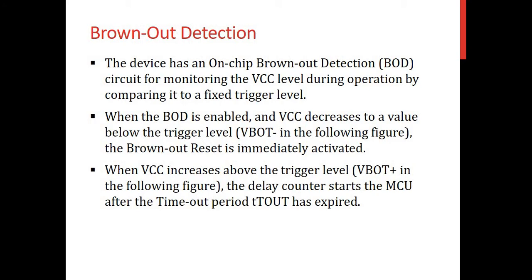Now, there is also another hardware protection mechanism that most microcontrollers have, which is known as brownout detection. And what does it do? It monitors the VCC level during the operation of the device. As we know, your microcontrollers usually have to have a fixed supply. In some cases it can be 5 volts, in some cases it can be 3.3 volts.